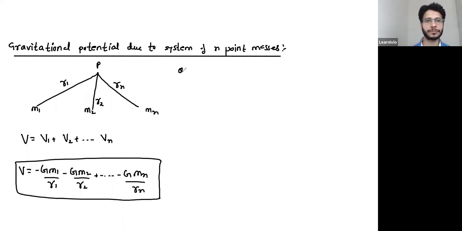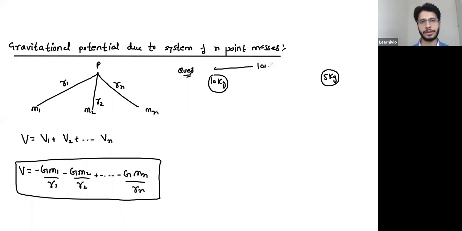Solve this question. You have two masses, a mass of 10 kg and a mass of 5 kg. They are placed at a separation of, let's say, 10 meter. I need potential at this point P. From the 10 kg mass, this separation is 2 meter.